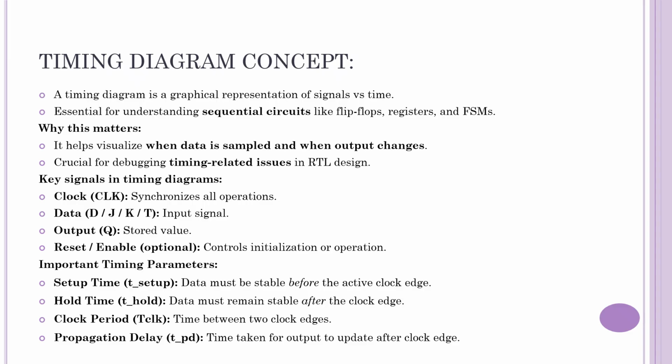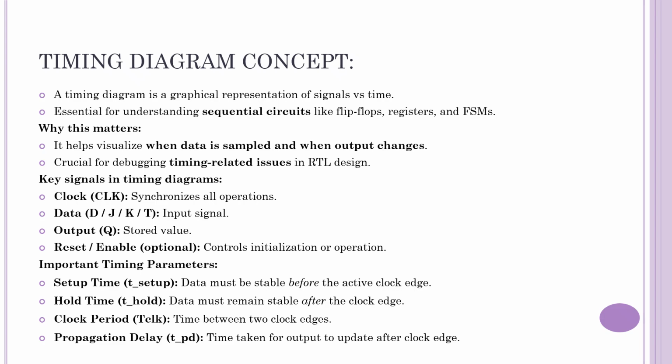And propagation delay, the time it takes for the output to update after the clock triggers. If setup and hold times are violated, we get timing violations and that can cause metastability, which means unpredictable output, and in real silicon that's dangerous.